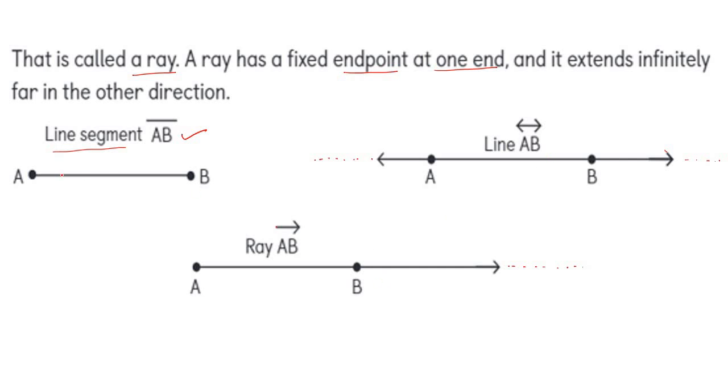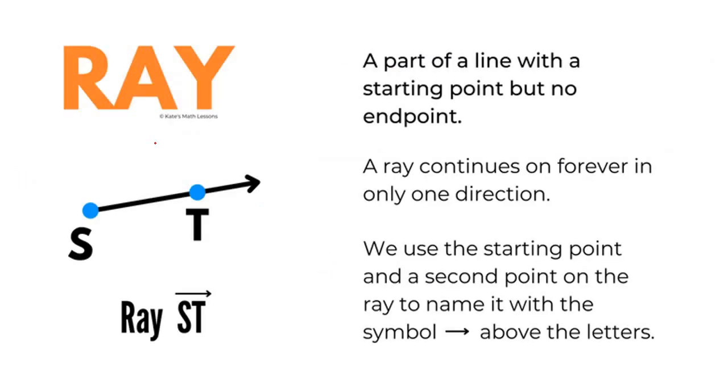We can measure the line segment. We can't measure the line as well as ray. See the definition of ray, children. A part of a line with a starting point but no end point.